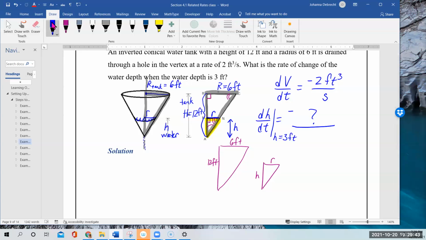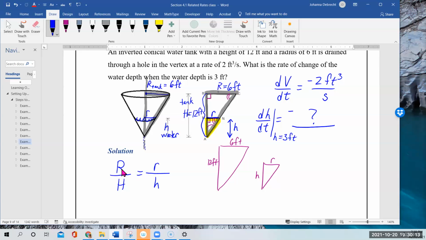And this lets us write the following proportion: the radius of the tank compared to the height of the tank has to be the same proportion as the radius of the water layer divided by the height of the water layer. This relates R, the radius of the tank, and H, the height of the tank, to the radius and height of the water layer.